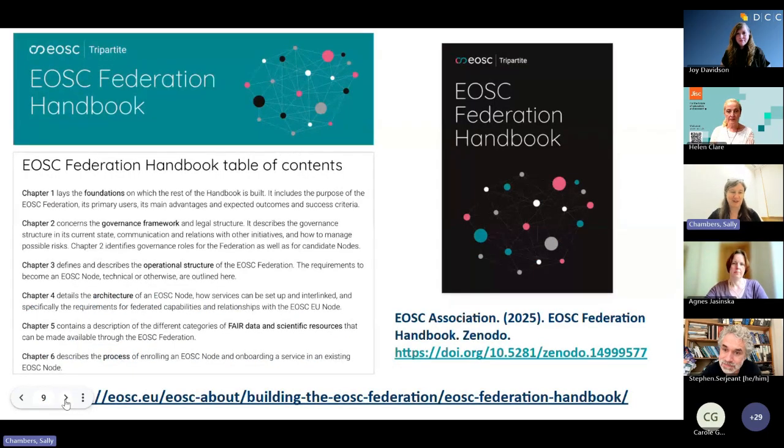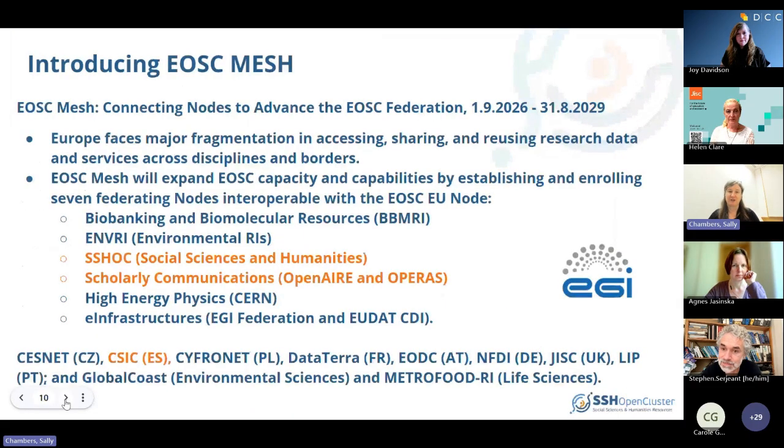In terms of what Helen was saying, we've got the EOSC Federation Handbook. That is a really important document, and what we're trying to do is understand how, as the social sciences and humanities cluster, we can engage in this. And we're very lucky: from the 1st of September, there is another project to add to the EOSC family of projects.